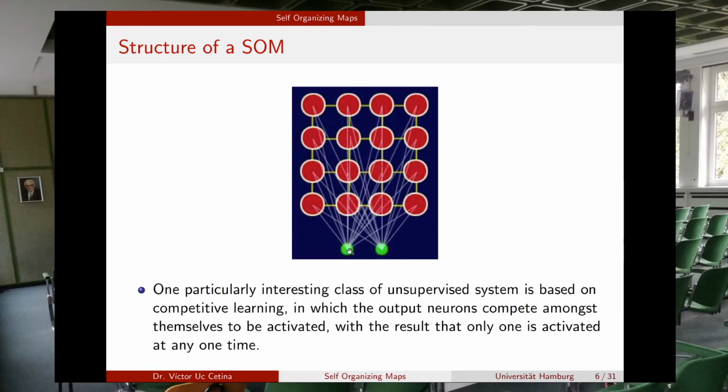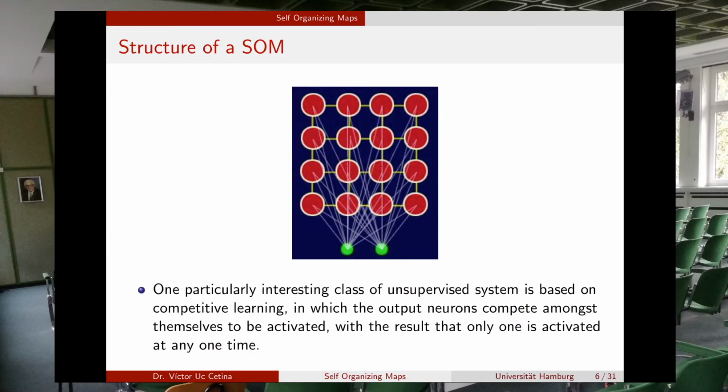And the information contained in these input variables, every time you feed the neural network with a new vector, will be sent to every single node in the arrangement of neurons. And these yellow lines here are just a way to determine which neuron is a neighbor of which other neuron.